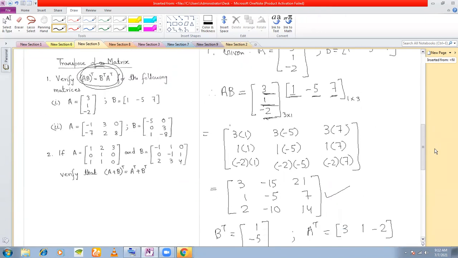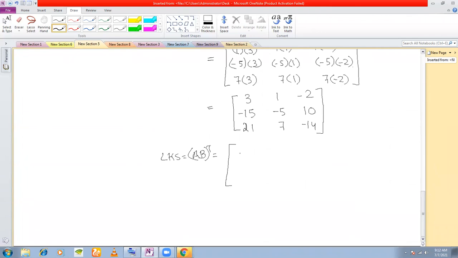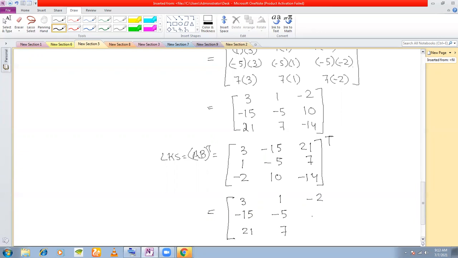AB we have found out here to be 3, minus 15, 21; 1, minus 5, 7; minus 2, 10, minus 14. This whole transpose, if you take the transpose of this matrix, converts the rows to columns, is 3, 1, minus 2; minus 15, minus 5, 10; 21, 7, minus 14.